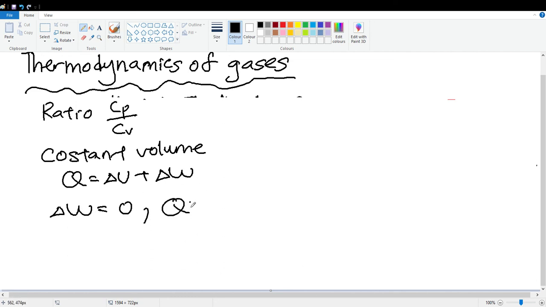So Q is equal to the change in internal energy, and we discussed in the previous part that the internal energy for 1 mole of gas increased by 1 K is equal to CVM.